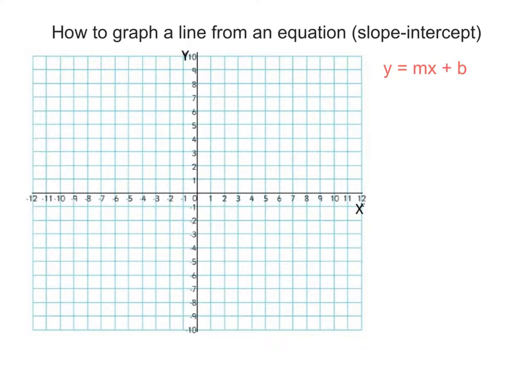So say I have an equation like this: y equals 2x plus 1. What this is telling me right away is that the slope, m, is 2, and the y-intercept, b, is positive 1.